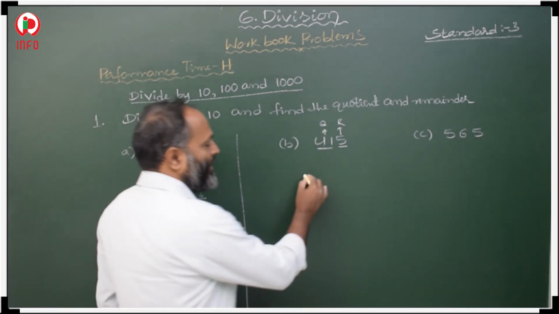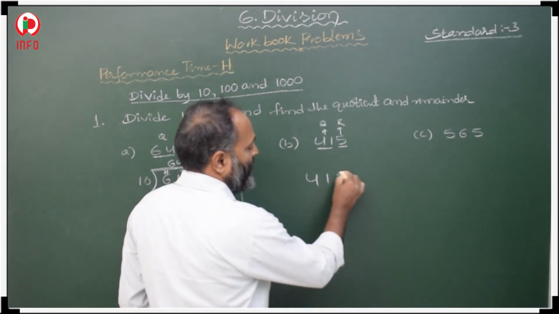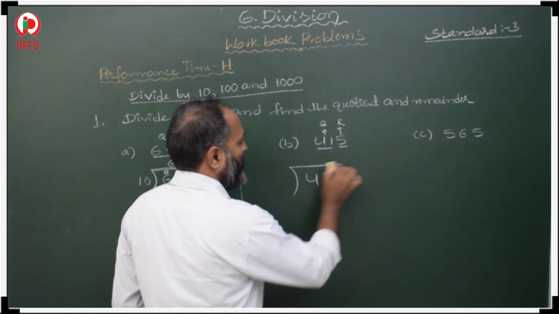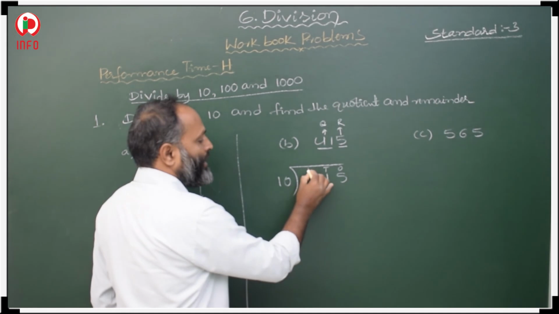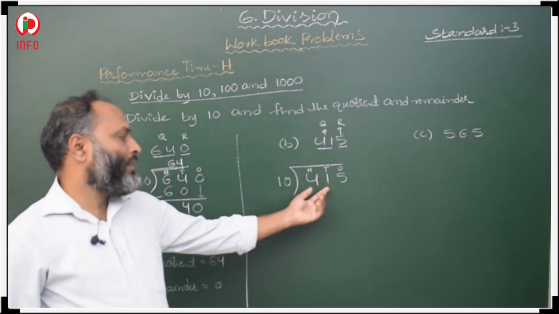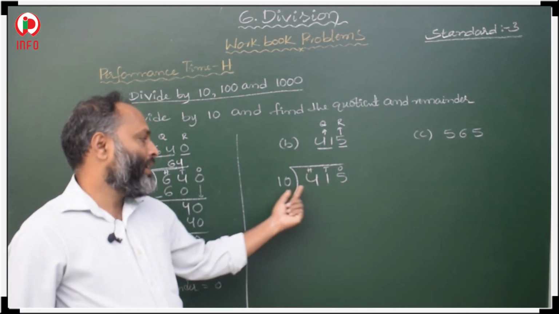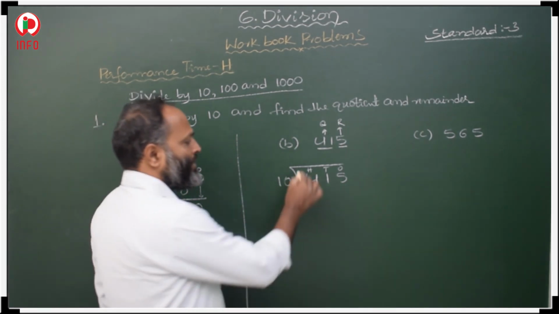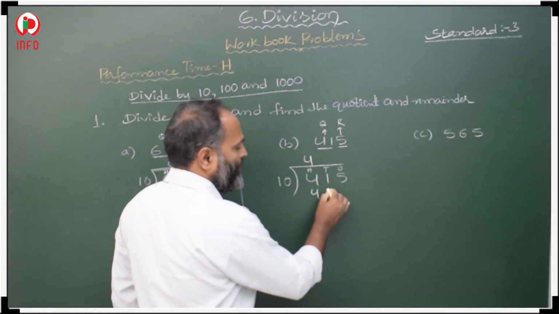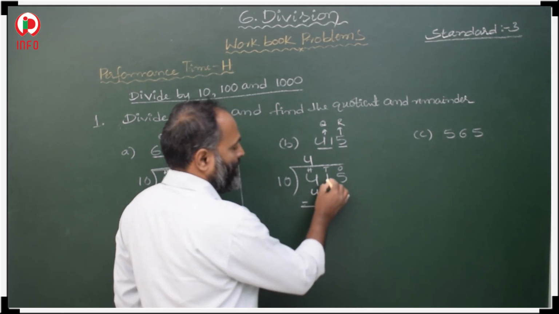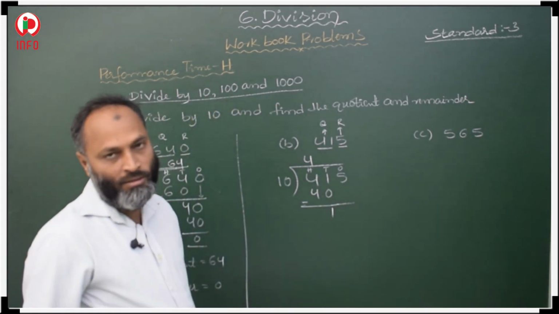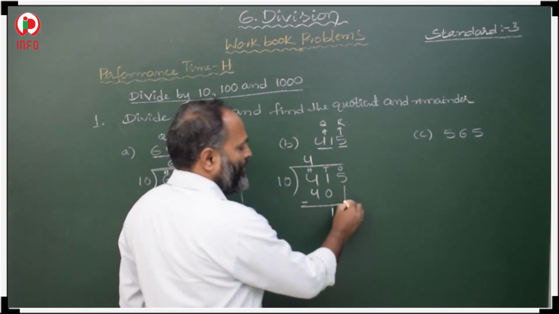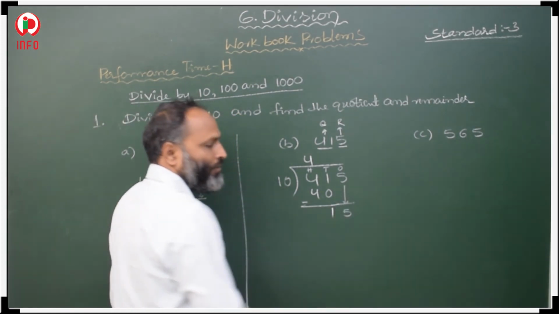41, these two places are the quotient and the last place is our remainder. Once you check, 415 divided by 10. First this is the ones place, tens place and hundreds place. Now you check 41. When you get 41 in the 10 table, 10 4s are 40, then minus: 1 minus 0 is 1, 4 minus 4 is 0, don't take that. Then copy this ones place, 15.